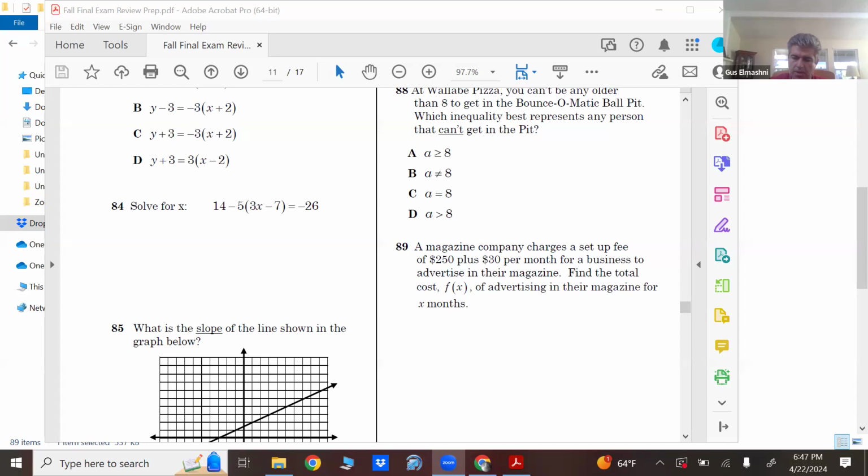Any more sending, or is that it? That's it.